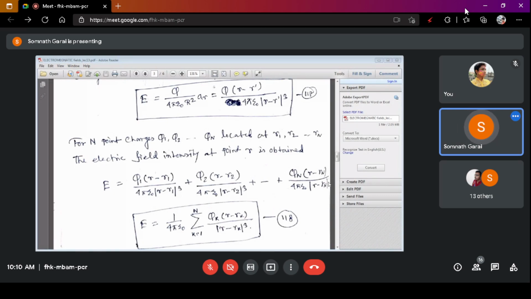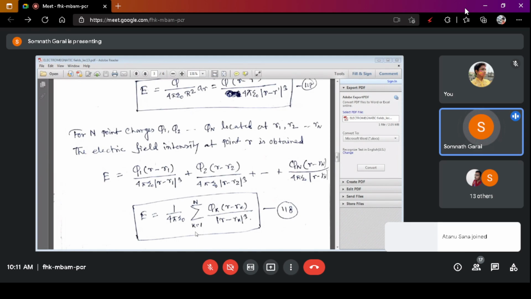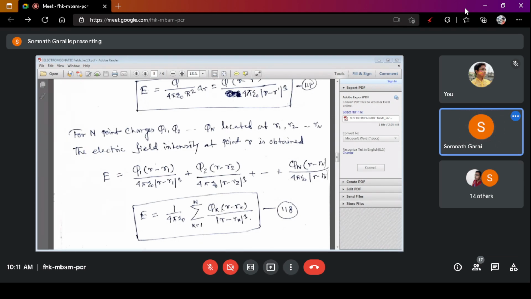Now, if we summarize this equation, it will be written in a standard form. That will be E is equal to 1 by 4 pi epsilon naught, summation of k is equal to 1 to n, qk into r minus rk divided by mod of r minus rk cube.